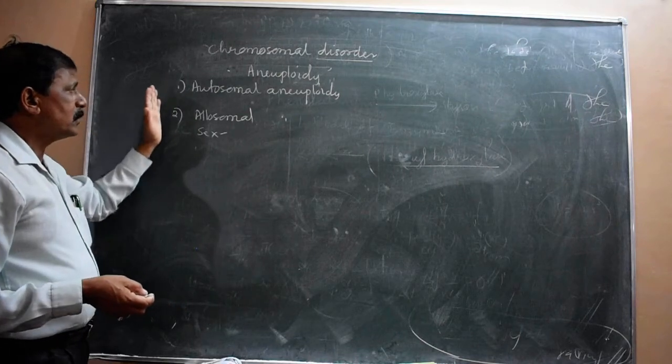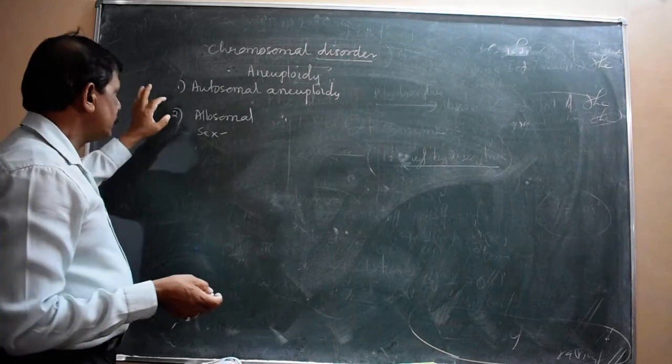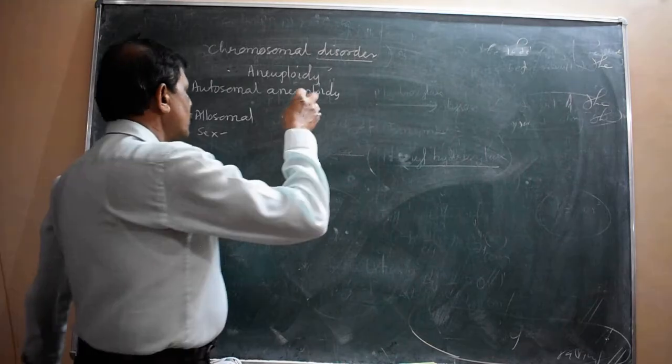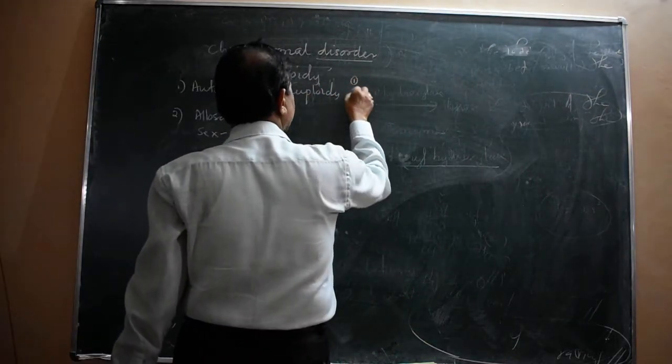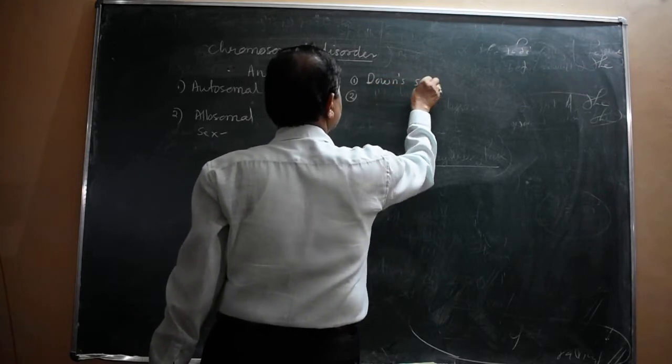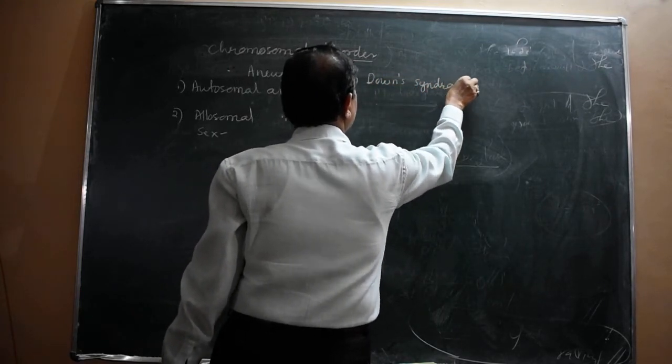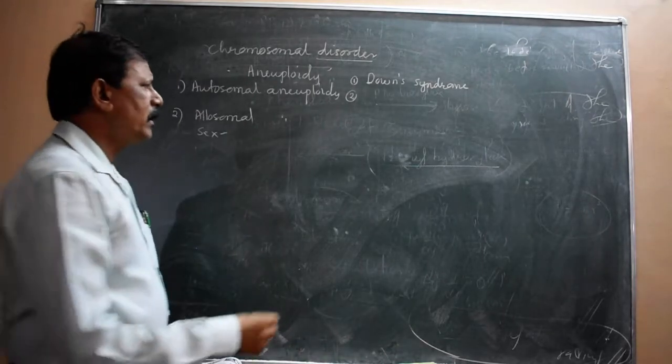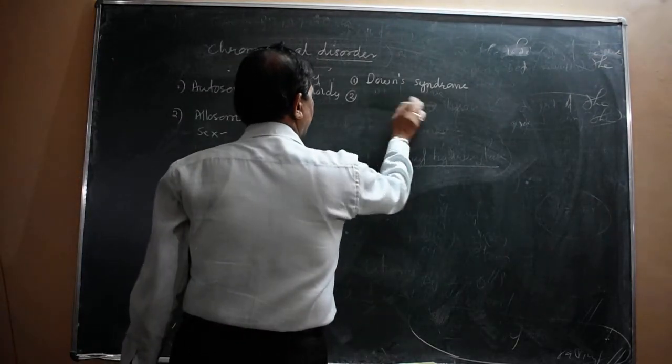So there are two types of aneuploidy you have to study: autosomal and allosomal. For autosomal aneuploidy, according to the syllabus, there is only one example, and that is Down syndrome, which you have already studied in the previous online class.